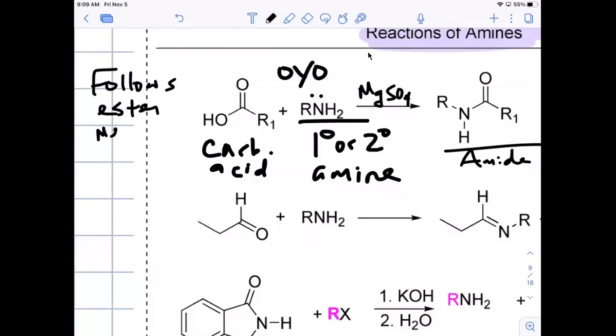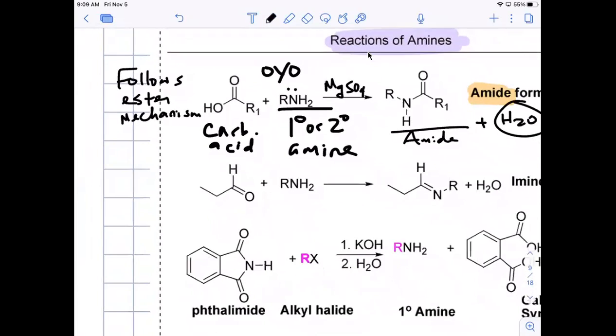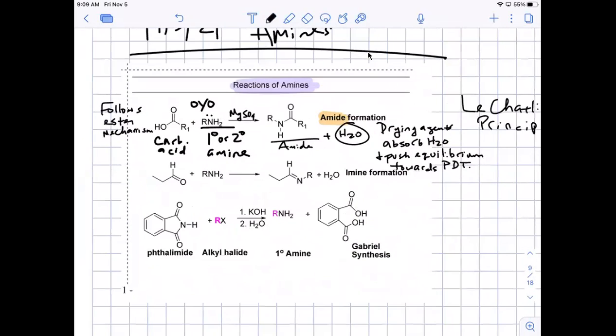We've talked about that. Your amine is going to attack your carboxylic acid, and then eventually you'll do a proton transfer and lose water.